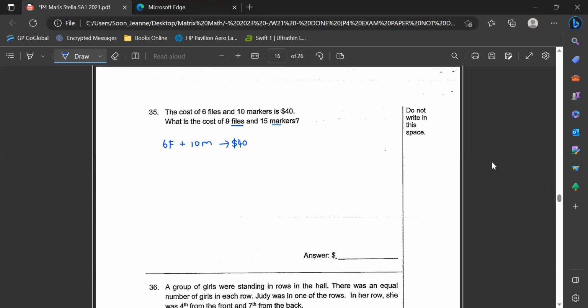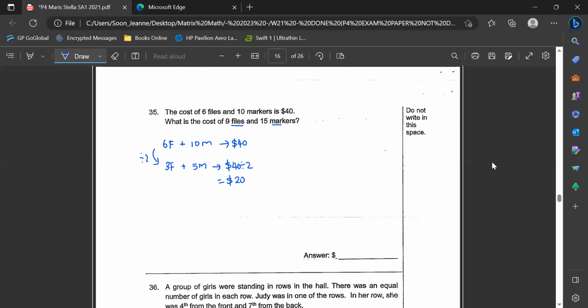But we want 9 files and 15 markers. We can divide this by 2, because if we divide by 2, we will get the cost of 3 files and 5 markers. If you divide the items by 2, the cost also must be divided by 2. So 40 divided by 2 is 20.